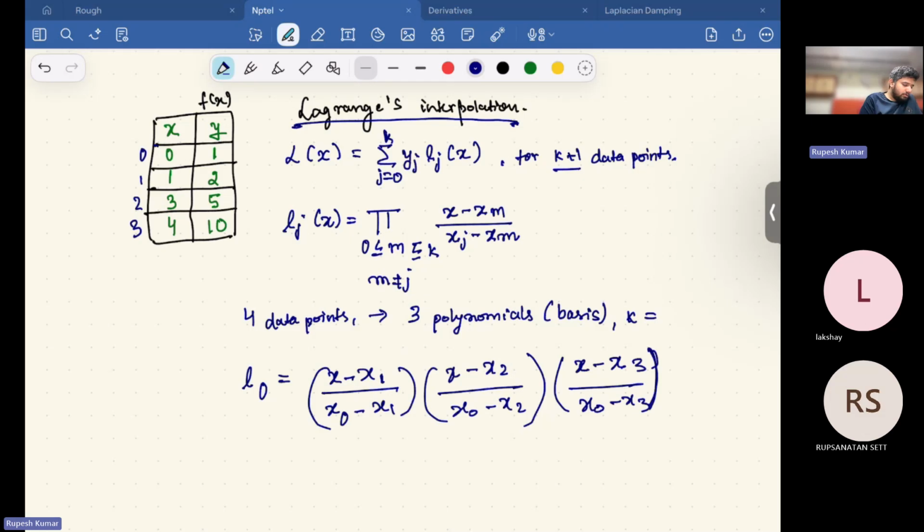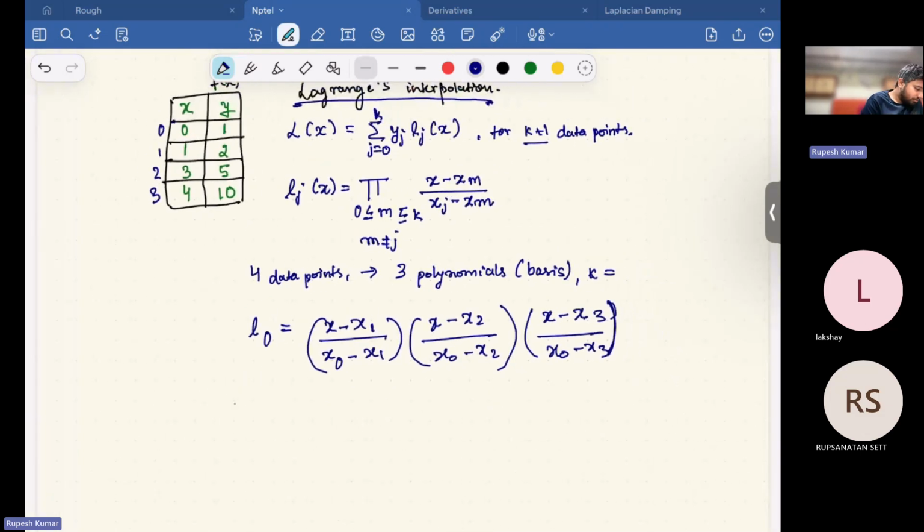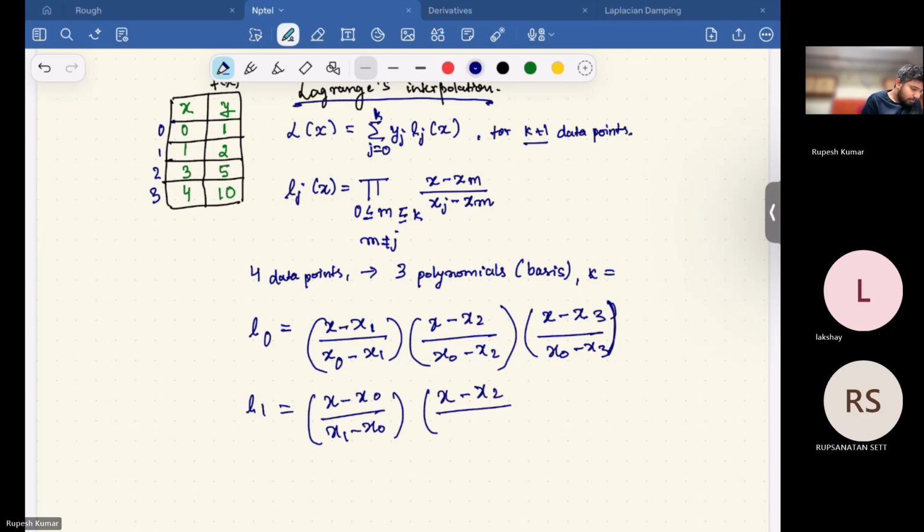Now this is your L0, then your L1 will be x minus x0 by x1 minus x0, into x minus x2 by x1 minus x2, into x minus x3 divided by x1 minus x3.